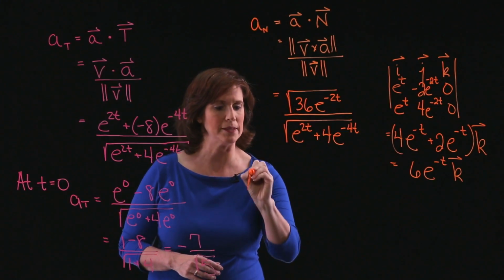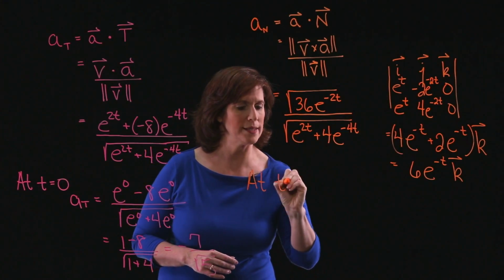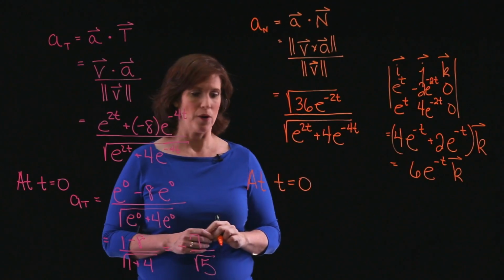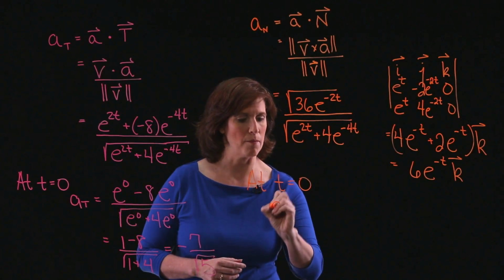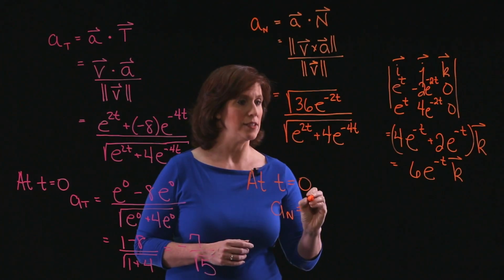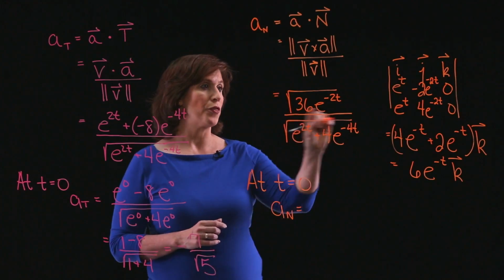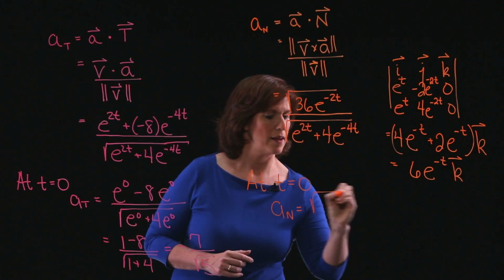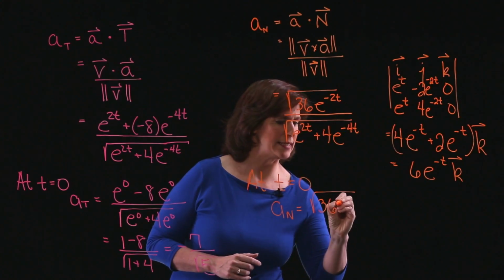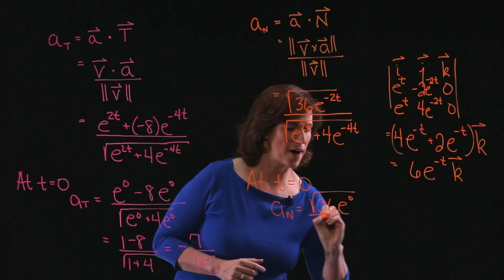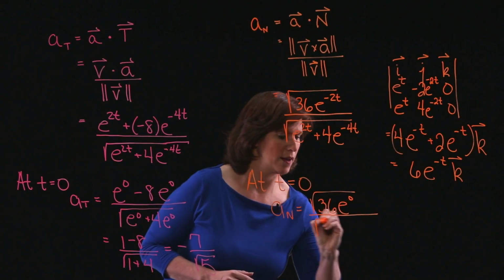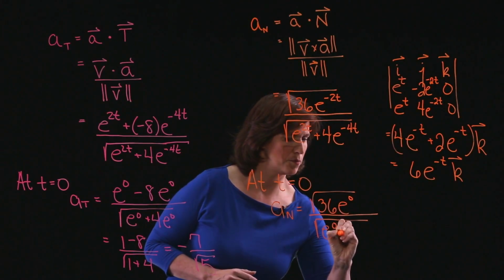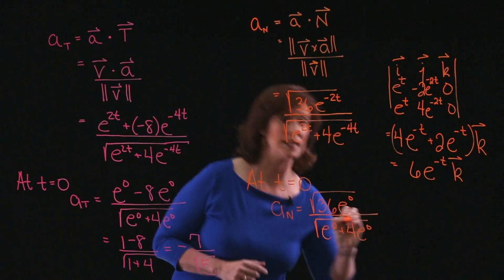I want to know what happens when t equals 0. So when t equals 0, my normal component is going to be the square root of 36 times e to the 0 divided by e to the 0 plus 4e to the 0.